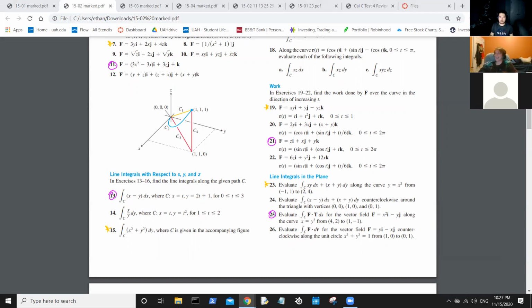It looks like for the work ones, every single work problem is a dot product. So I think that's how you have to do it. That makes more sense then. All right, when it comes to work, it's the dot product of your f with the derivative of r.